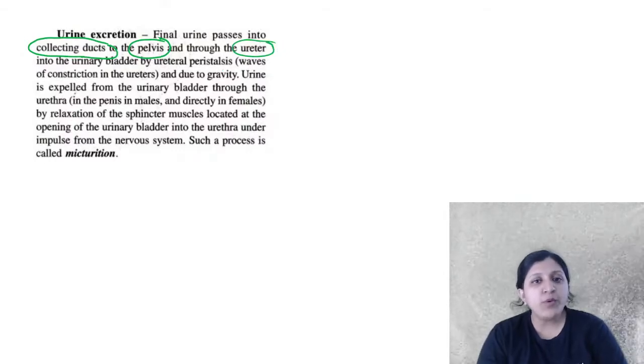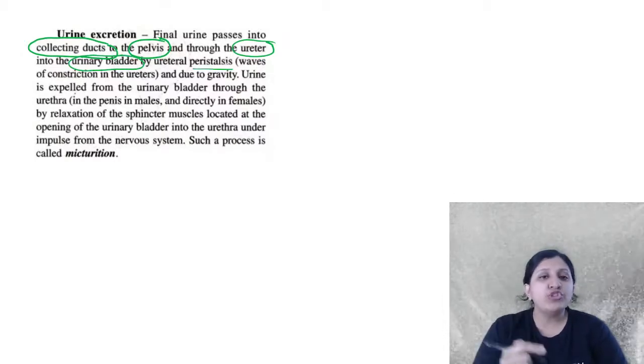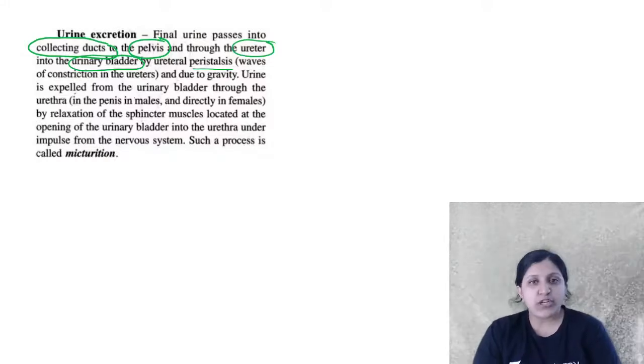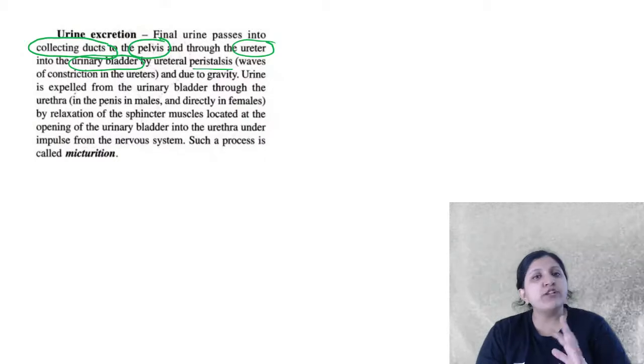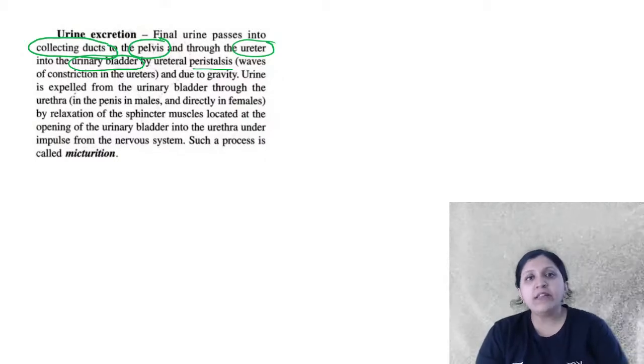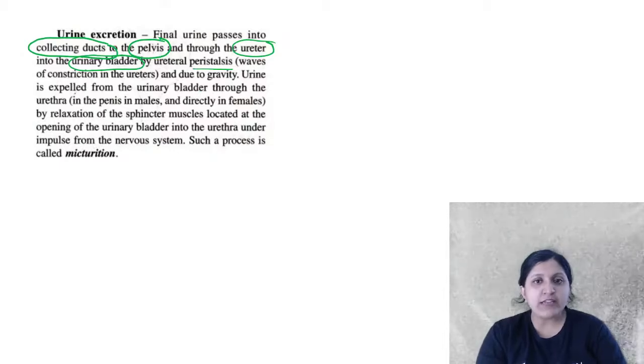Then from the ureter it enters the urinary bladder by peristalsis, that is, wave-like motion with respect to constriction. So basically the ureter will show a wave-like movement so that the urine can flow easily, and it is also due to gravity.